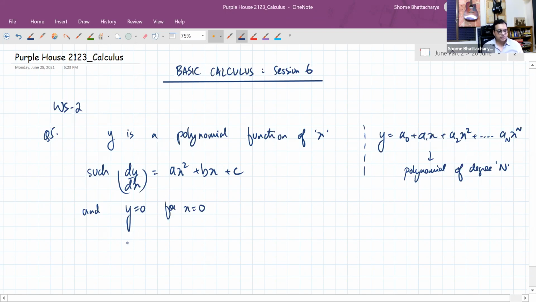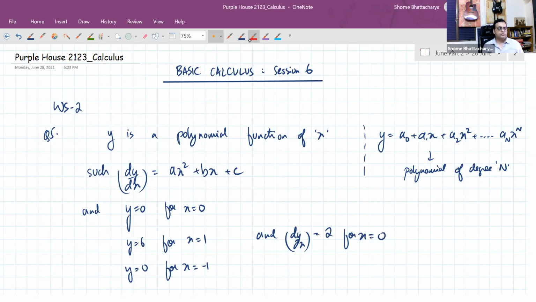Then y is equal to 6 for x equal to 1. y is equal to 0 for x equal to minus 1. And in addition to this, dy by dx's value is equal to 2 for x equal to 0.